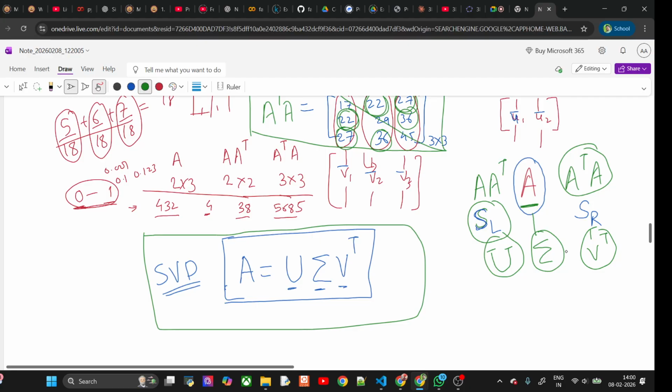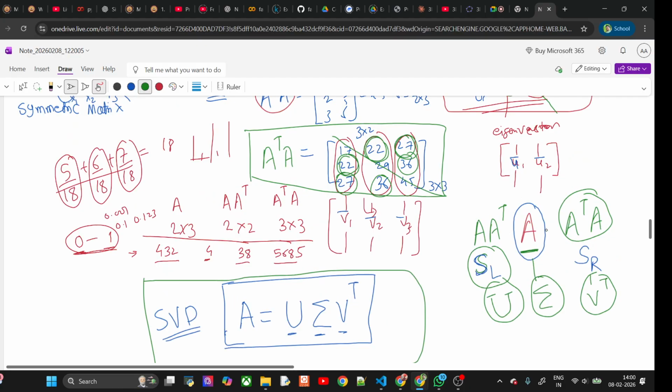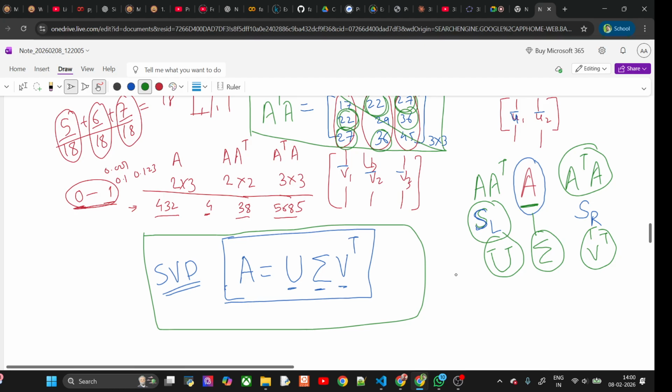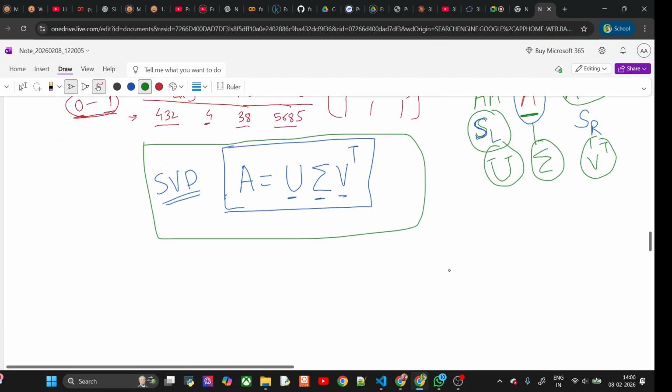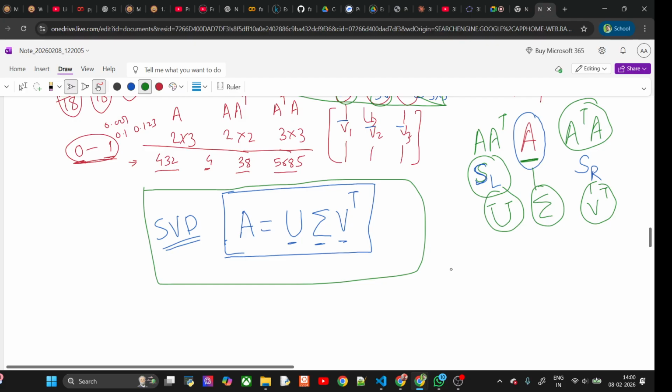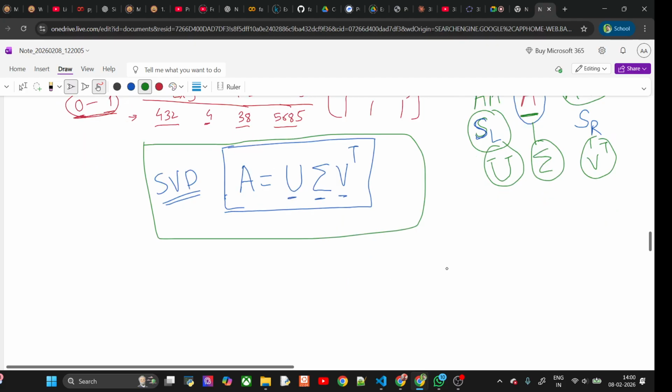Now this sigma is nothing but your diagonal matrix. I will tell you what the sigma value actually is, because this is important. Whatever we got, we are now able to represent A like this.